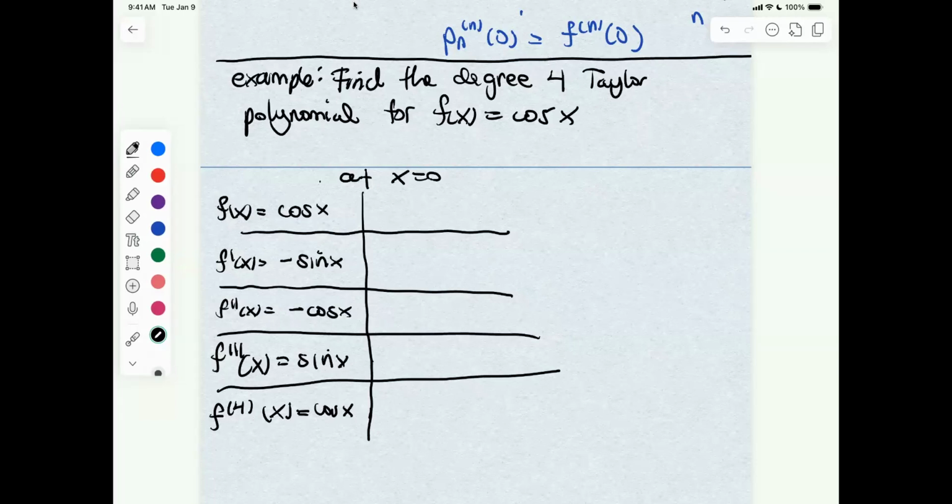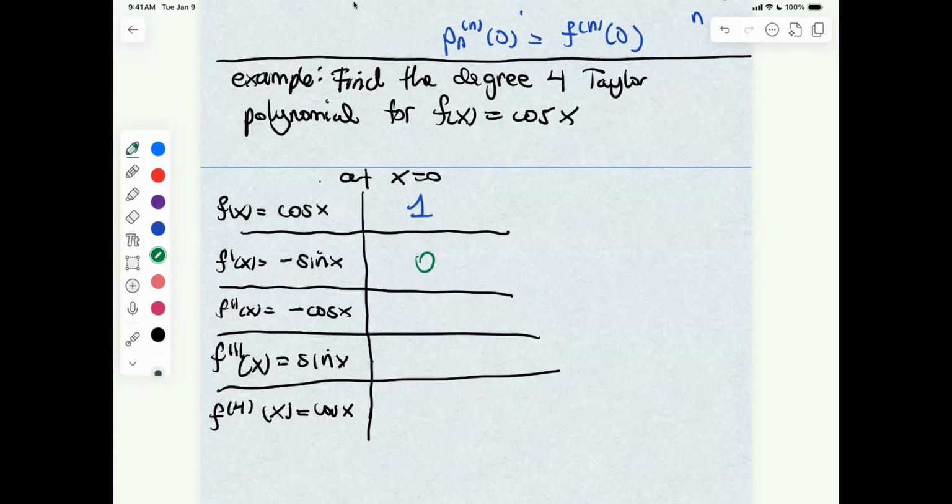Okay, so let's just plug everything in at 0. What is cosine of 0? Cosine of 0 is 1, right? What is minus sine of 0? Sine of 0 is 0, right? So this is 1, then sine of 0. You have to be careful when you evaluate, believe it or not, because there are so many evaluations to do.